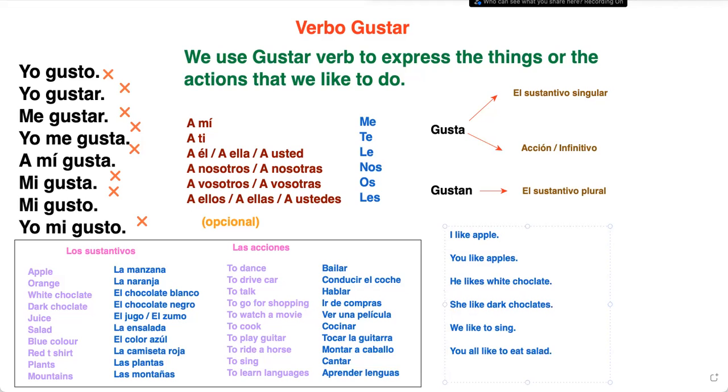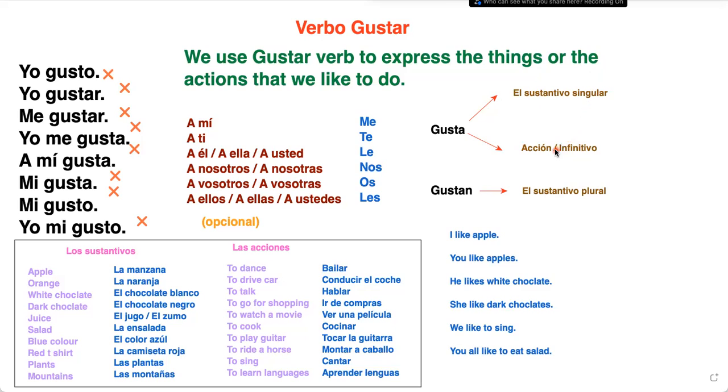So it depends on the right hand side, the object, whether I will use gusta or gustan. It never depends on the person who is doing the action. It depends on the noun or the object or the action.